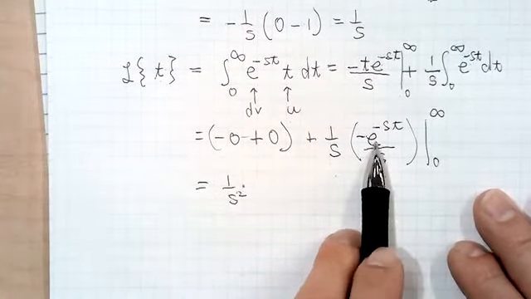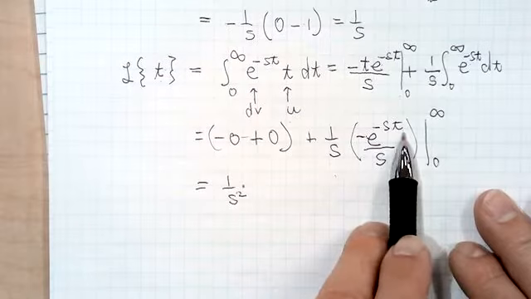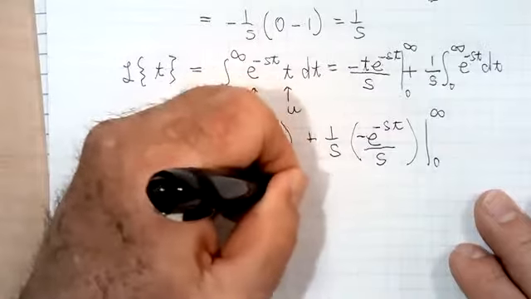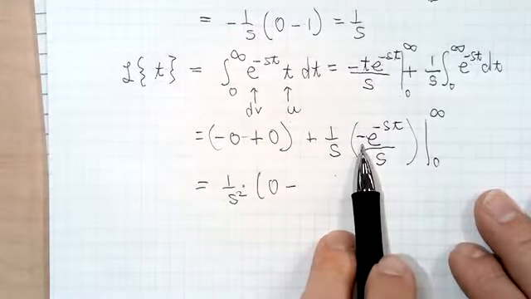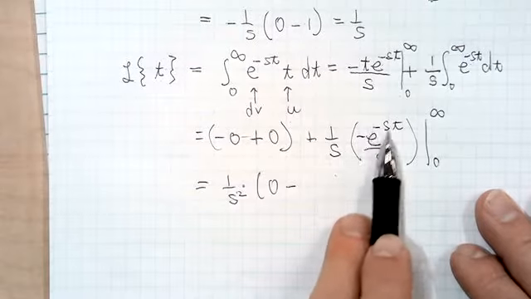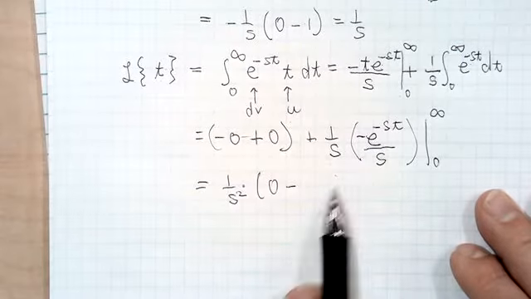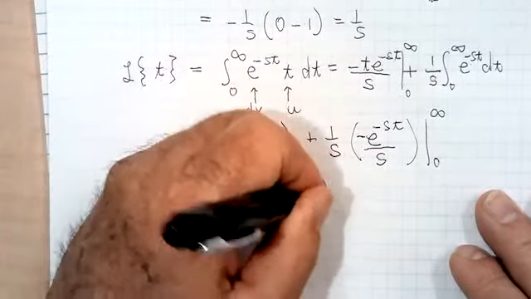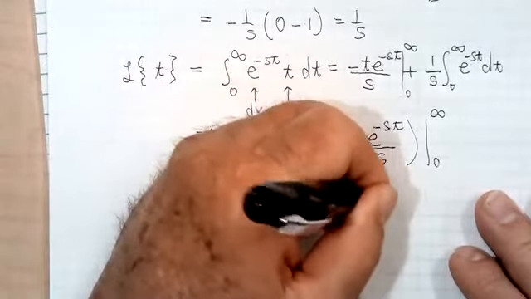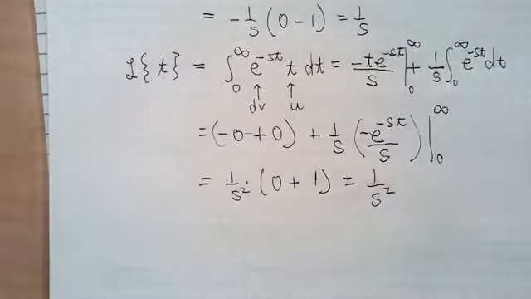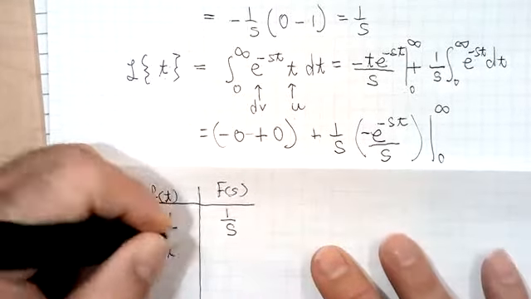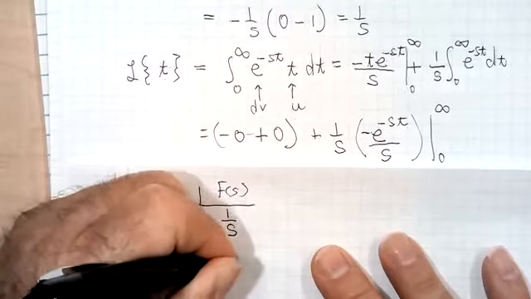And then at infinity, as t goes to infinity, e to the minus st goes to 0. And at 0, well, there's no t in here now, so that one does not drop out. And so this turns into a 1 on the top, but it's minus a minus 1, so plus 1. I already took the s out. So 1 over s squared, and we have our second transform. So t has transformed to 1 over s squared.